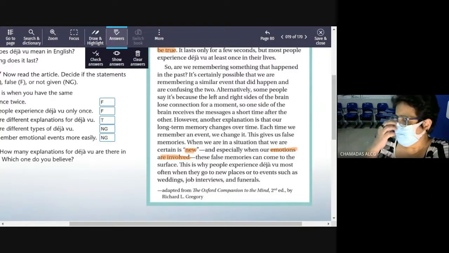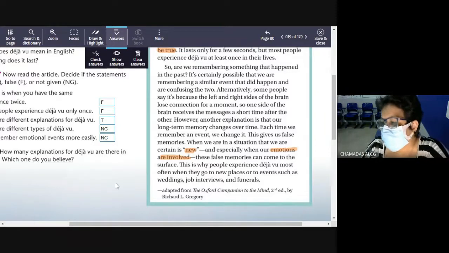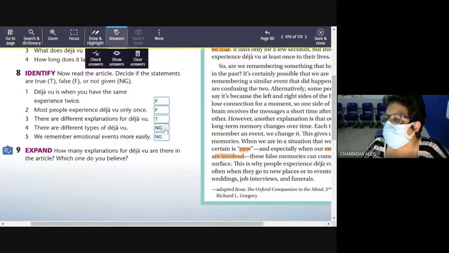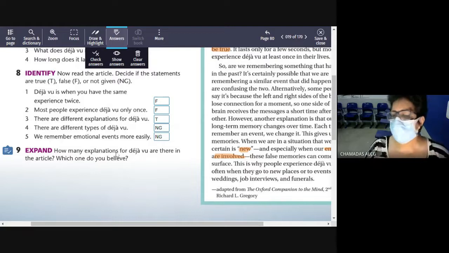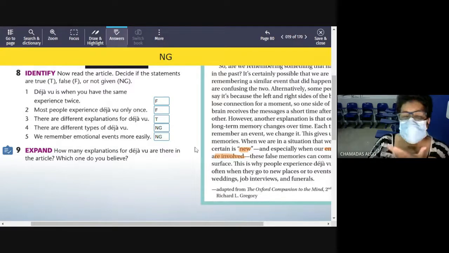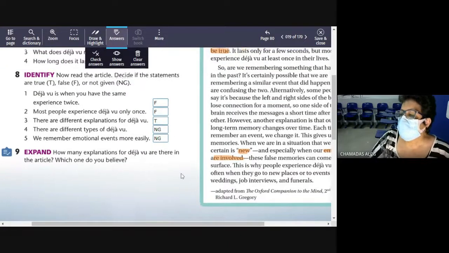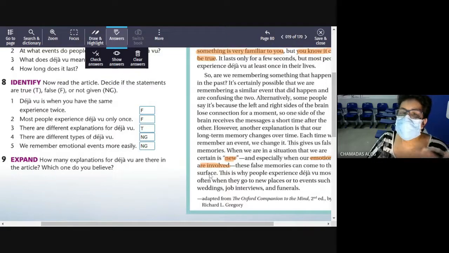So that's why. So here they don't really say in the text that yes, we remember emotional events more easily. They really don't say that. So it's not given. They just say that we have false memories. All right?